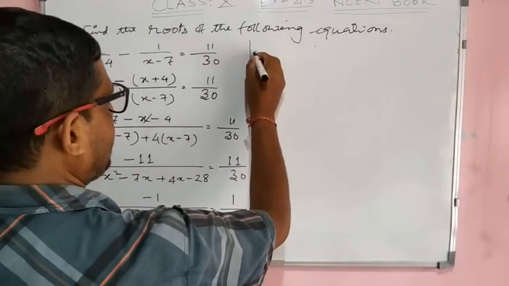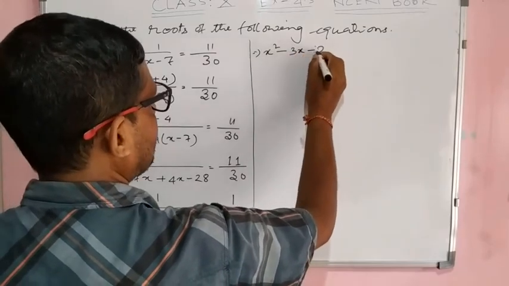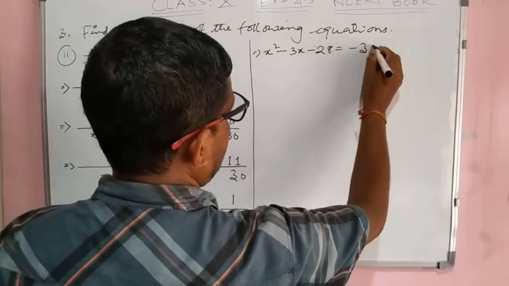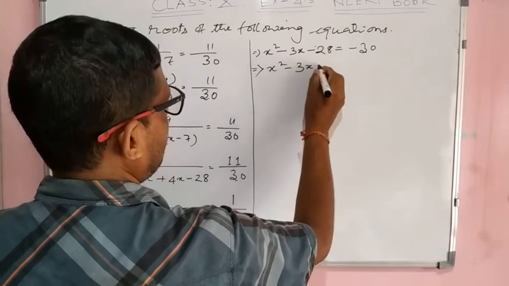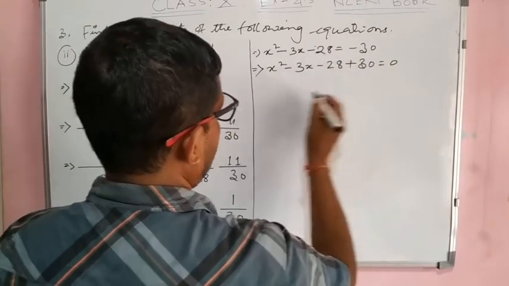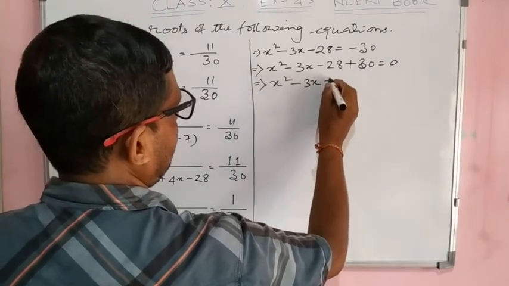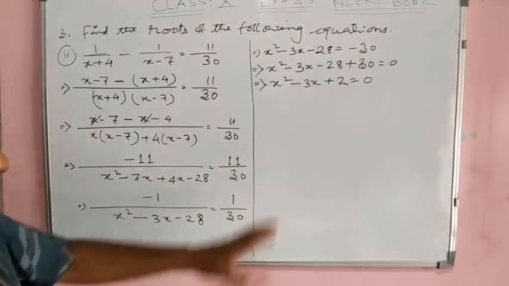This implies that x square minus 3x minus 28 equal to minus 30. This implies that x square minus 3x minus 28 plus 30 equal to 0. So x square minus 3x plus 2 equal to 0. So this is the standard form.